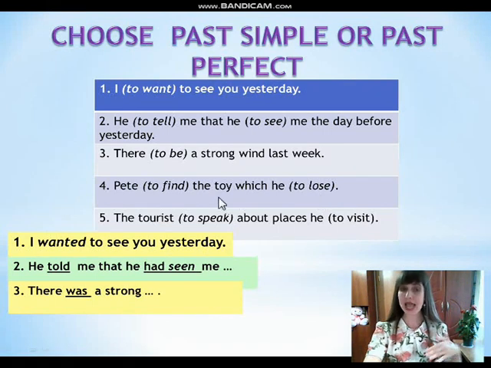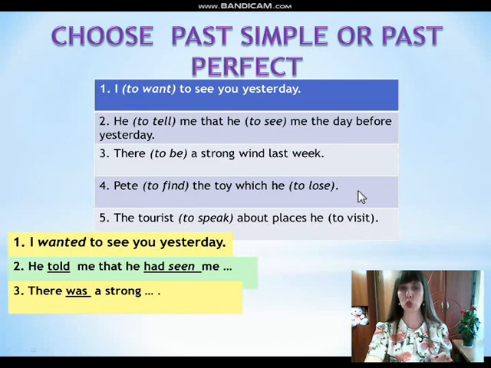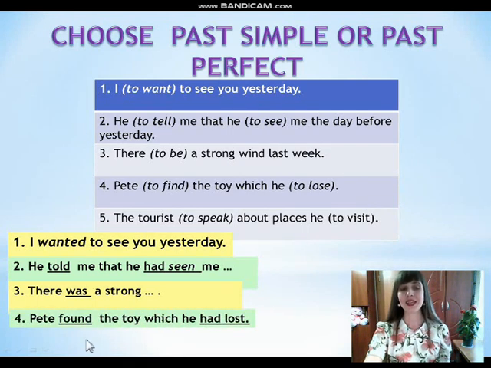And the second action in the past is to find. So, in the first past action we use the past perfect tense, and in the second past action we use, right, the past simple tense. Very nice. And now the correct answer. Pete found the toy which he had lost.